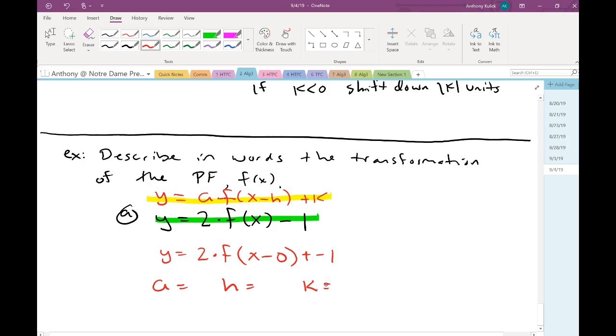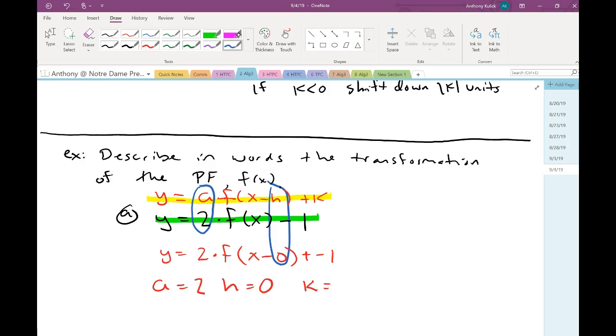What is my value for A? 2. Everybody can see that? What's my value for H? 0. Everybody can see that?